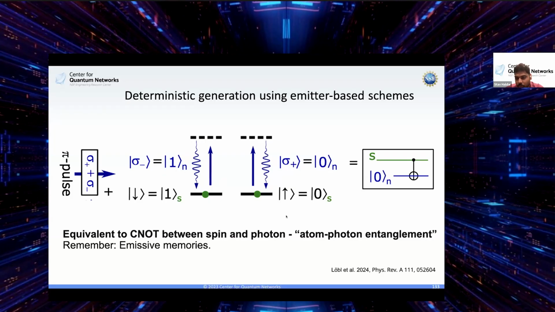So this is exactly like doing a CNOT gate between the spin, which is this atom, and the new photon that is coming out. So this is like a control NOT gate, and therefore it creates entanglement between the spin and the photon. This is what Prateek also mentioned, that to create entanglement, you do a Hadamard and a CNOT, and that's what does it. So this creates the atom-photon entanglement.